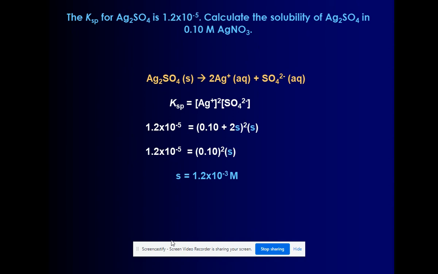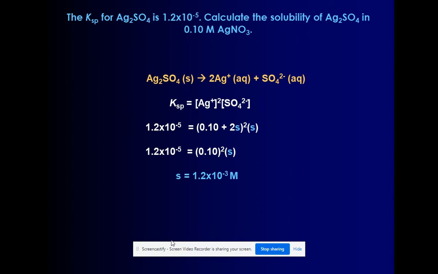I'm pretty sure I put this in the calculator and it did not appreciably change. If you had accounted for the 2s and solved for it graphically, I think you still would have gotten this answer. 0.0012 would not even have influenced the sig figs for that 0.1 molar concentration.